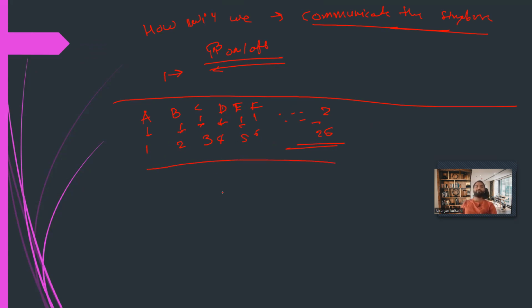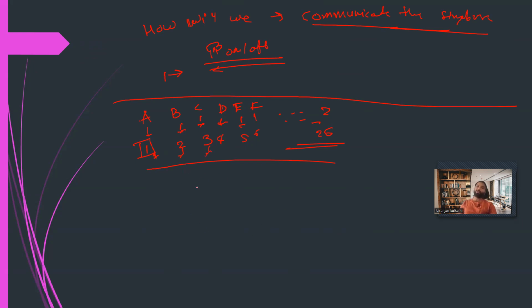This is a good idea. I can represent the characters as numbers. Then who will represent the numbers? That's a good question, because if my numbers are representing the characters, then how can I communicate one or two or three? That's a bigger question we have to address.